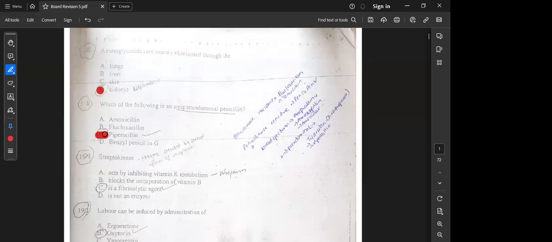Okay, nice. So anyone else with any other bacteria to add? Klebsiella pneumoniae. H influenzae, was it mentioned? I'm not sure if it was mentioned.